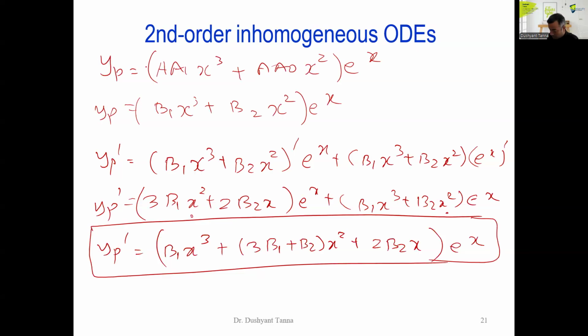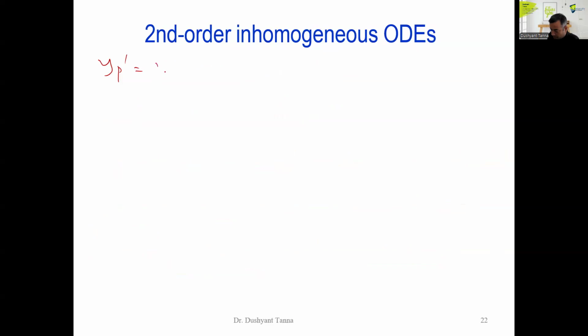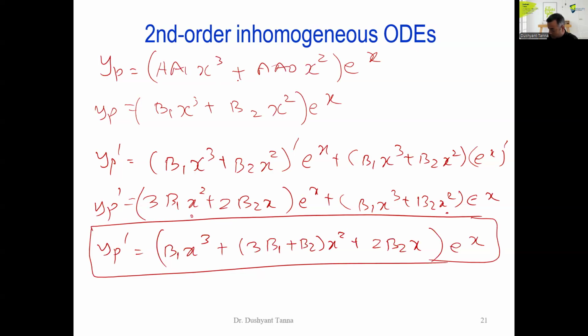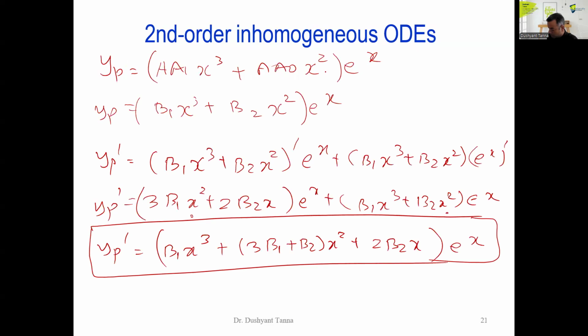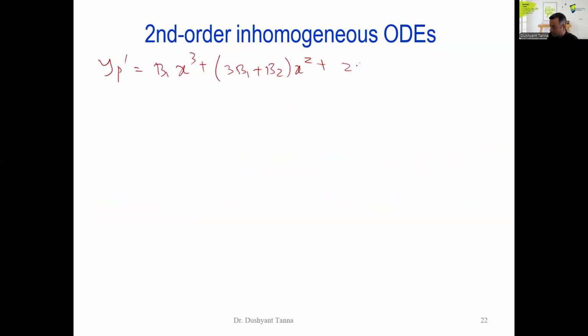So b1x3, 3b1 plus b2 x squared, 2b2x. Now yp double dash. Again, the uv thing.